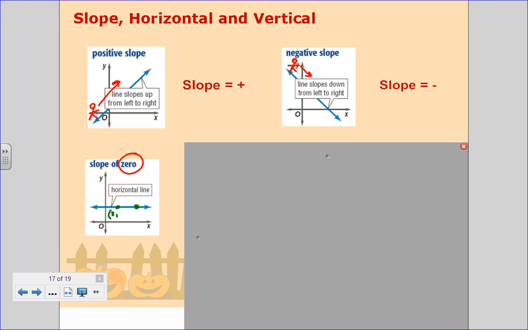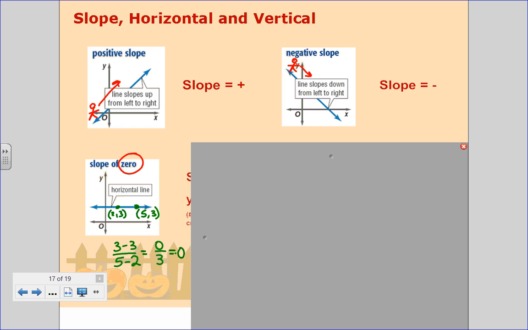So let's pretend like that's the point (2, 3) and (5, 3), okay? If I went and found the slope of this line by subtracting my y's and subtracting my x's, I would get a slope that simplifies to 0 over 3. Well, 0 divided by 3 is 0.